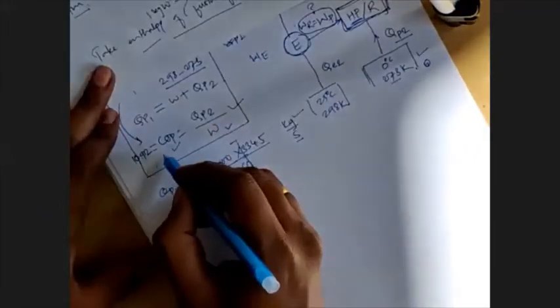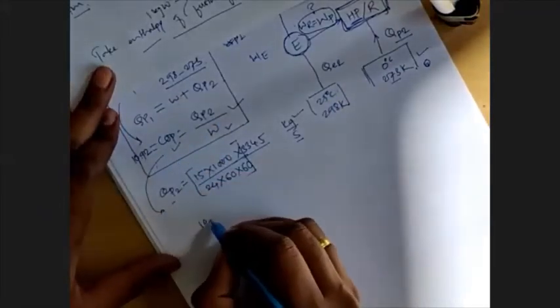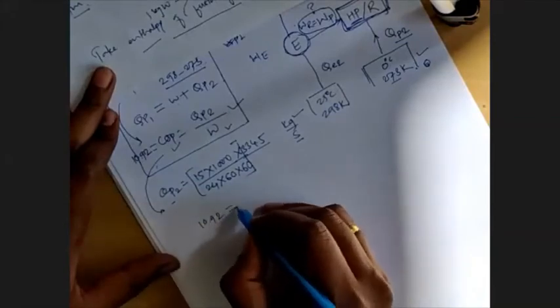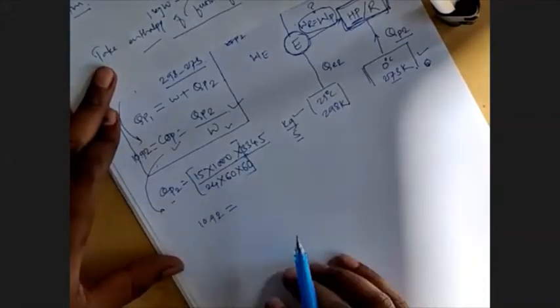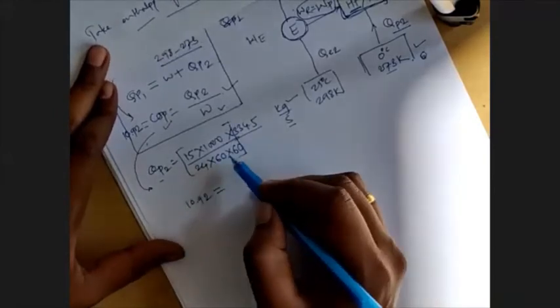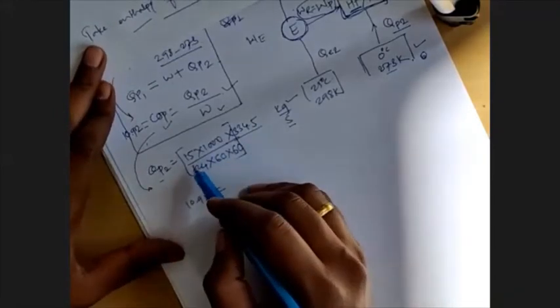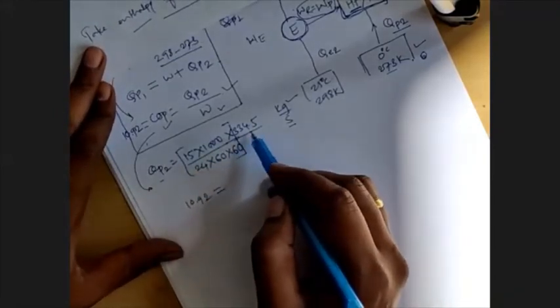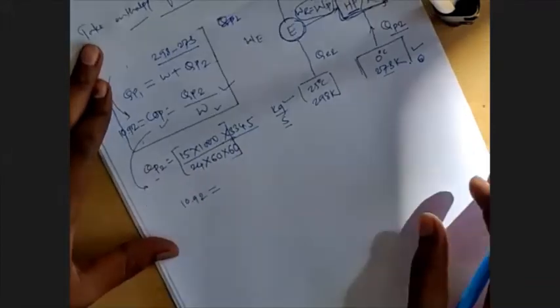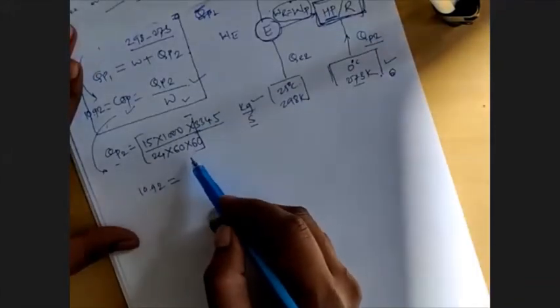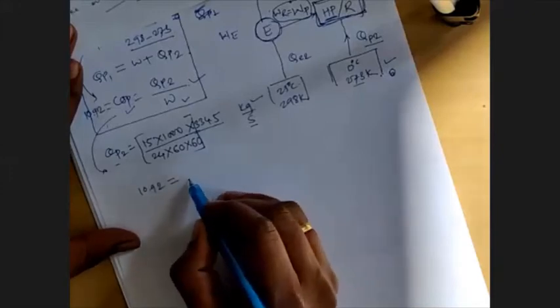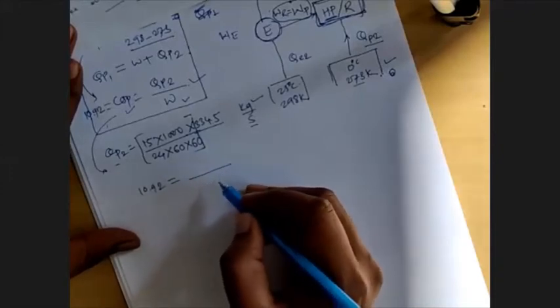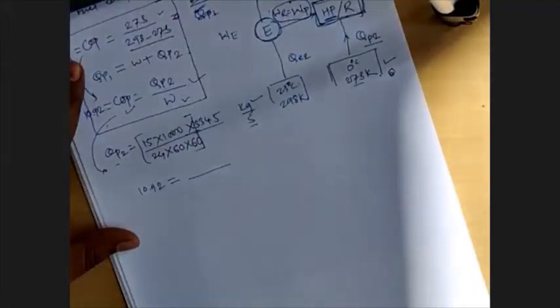So let's use this relation. 10.92 is equal to, can somebody help me with this? Calculate this whole thing: 15 into 1000 into 334.5 divided by 24 into 60 into 60. 58.069.